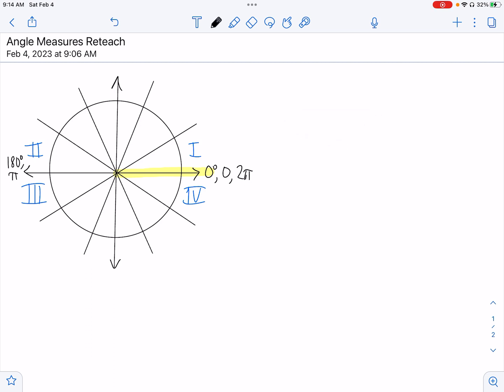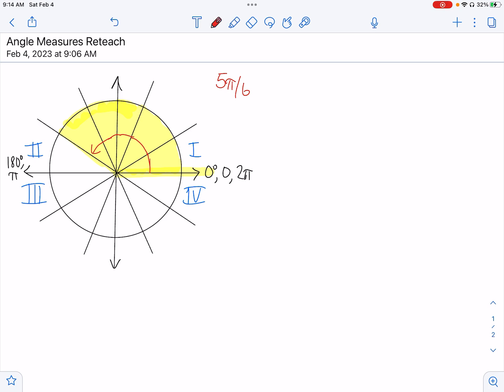It's to give you a picture of about where things would lie. So 5 pi over 6 radians would go 1 pi over 6, 2 pi over 6, 3 pi over 6, 4 pi over 6, 5 pi over 6 radians. So the terminal side of that angle would lie in the second quadrant.